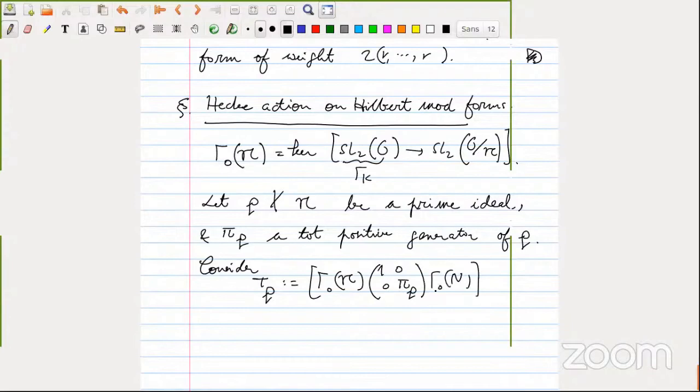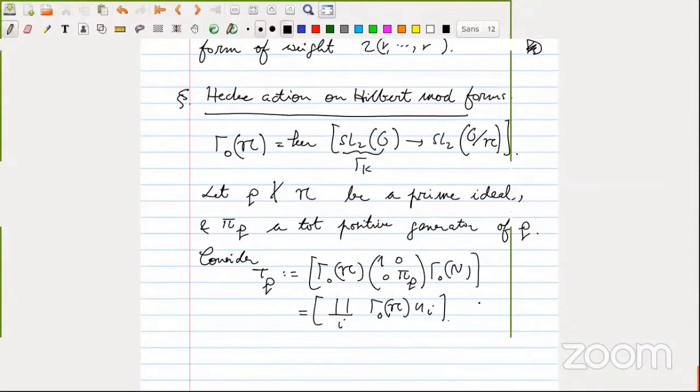These are 2 by 2 matrices, and they act on my Hilbert modular forms, and it has a coset decomposition like this: gamma naught of n times u_i, where i runs over some indexing set.